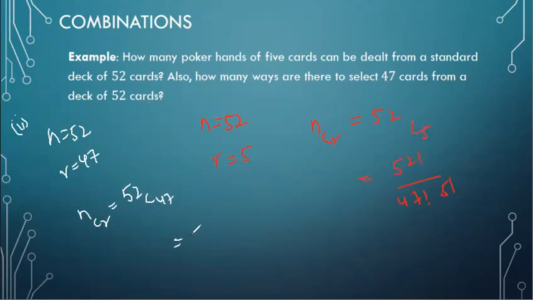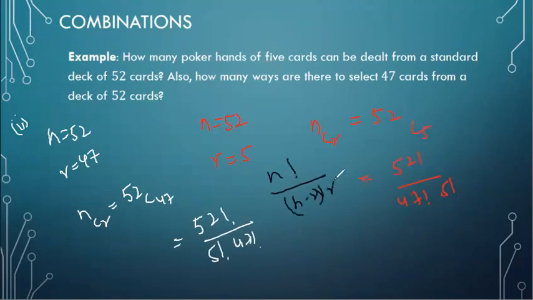Okay, so this will be again equal to 52 factorial by (52 minus 47), which is 5 factorial, and then 47 factorial. So if you remember the formula, it is n factorial by (n minus R) factorial into R factorial. Over here R was 47, over here R was 5. So basically you can see that when we are taking either 47 cards or 5 cards, the solution, that is the number of selections, will remain the same.